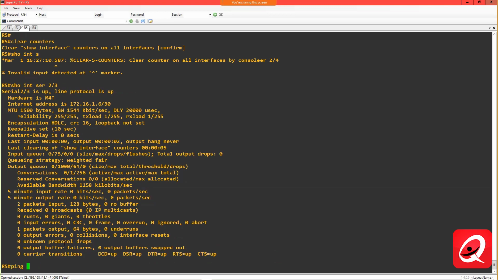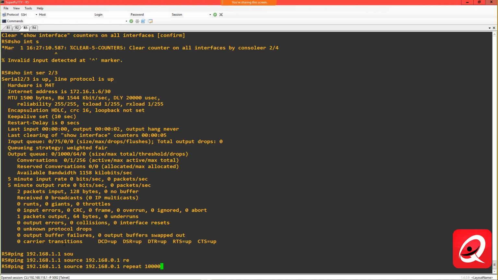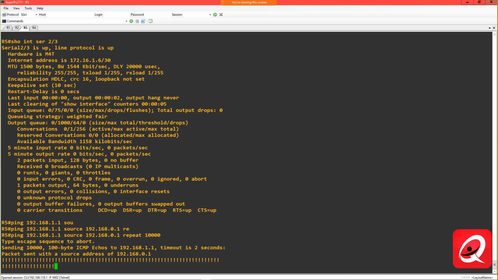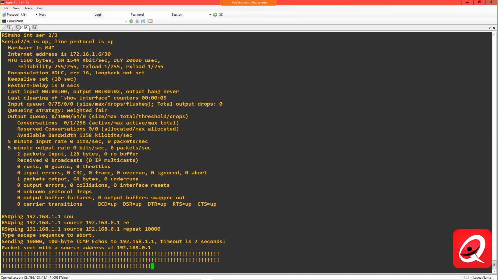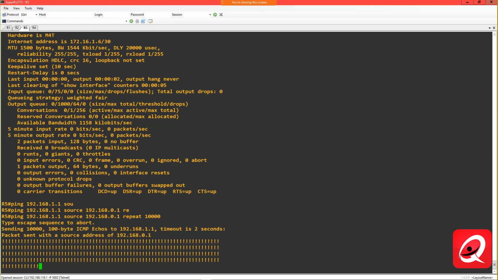So if I do a ping of 192.168.1.1, source 192.168.0.1, repeat 10,000. Let a few of these pings go out. We should see a distribution of these different packets across the different interfaces. Maybe not equally, but somewhat equally across the different interfaces.